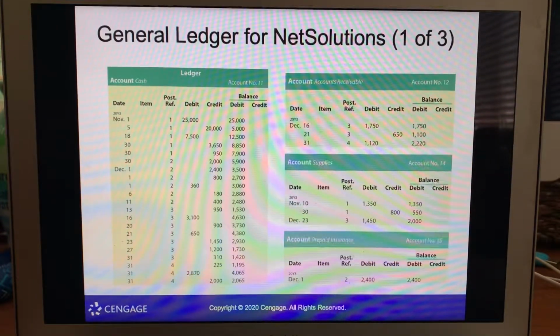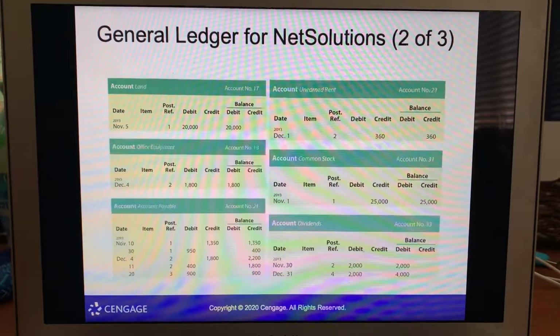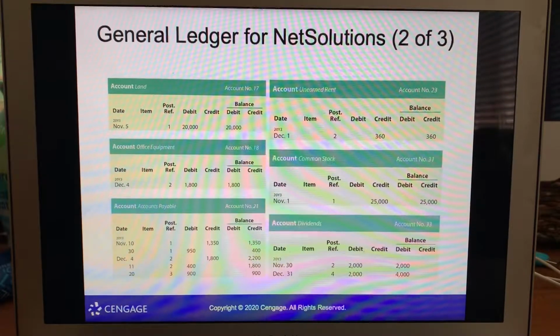So here's a general ledger for all of the accounts that we did. There's the cash account, there's the accounts receivable, there's supplies, everything is dated. There's account prepaid insurance as well. And let's look at the next one. Those are all totals. Here's another general ledger: land, office equipment, accounts payable, unearned rent, common stock, and dividends.